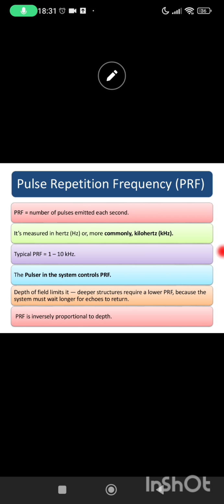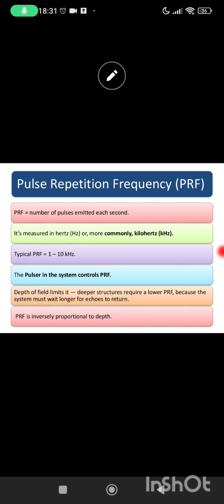If there is increased depth, does PRF increase or decrease? PRF reduces, because it takes more time. So PRF decreases when depth increases.